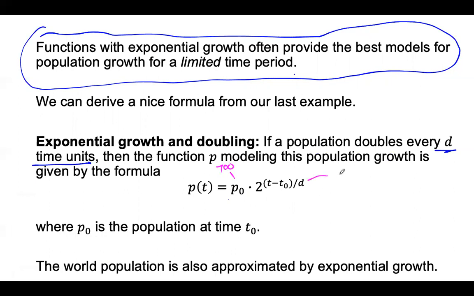So that was, in our example, 3 hours. Our initial time, T naught, was 1 p.m. And we were looking at what is the time here at 9 p.m. And this is the base that doubles, the 2. And you can see how this applied to essentially the last example.